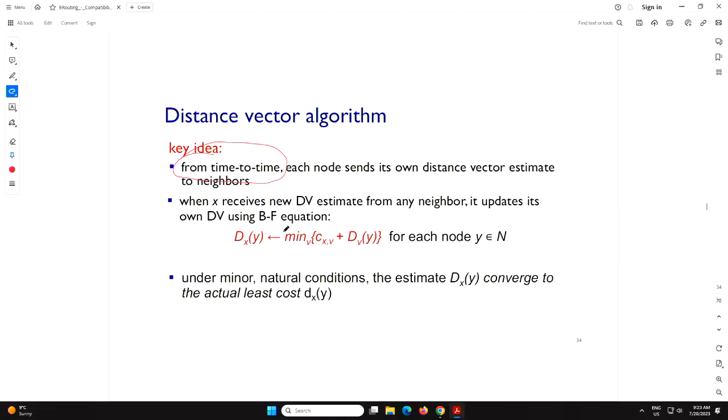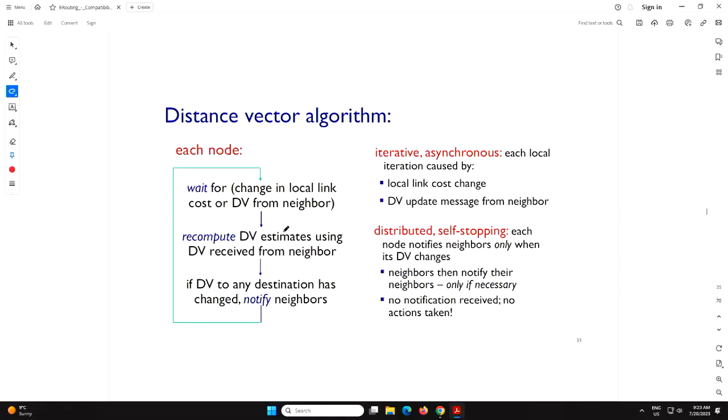And as a result of recomputation, your estimates to destinations may change. And if it changes, then the next time when you exchange your information with your neighbors, they will also know the change. So all this change will propagate through the network as you are iteratively exchanging with your neighbors. So that's the whole idea.